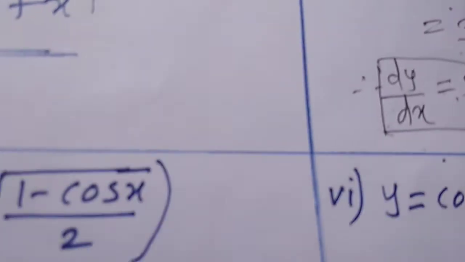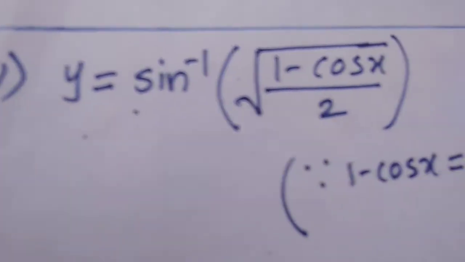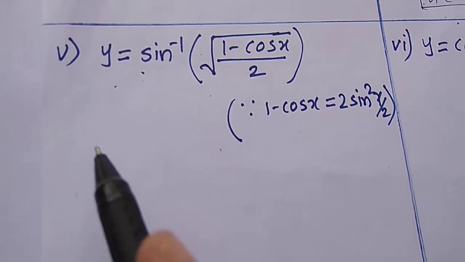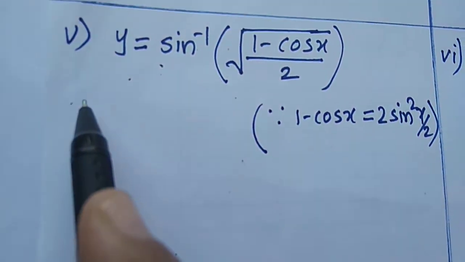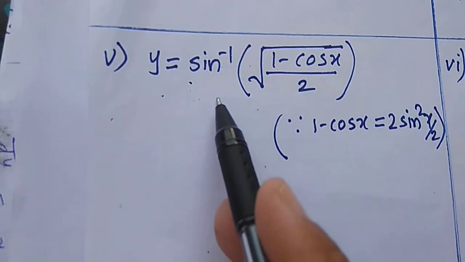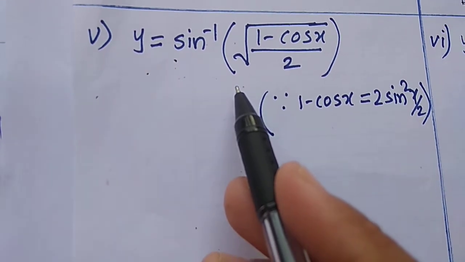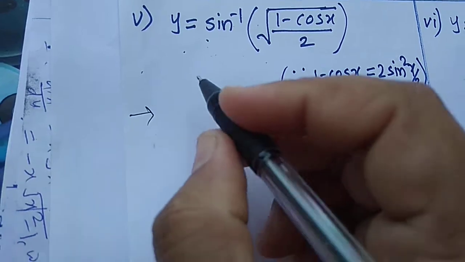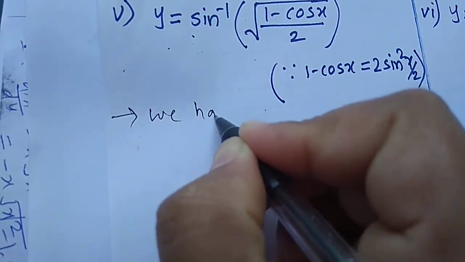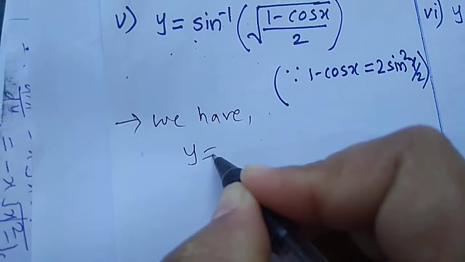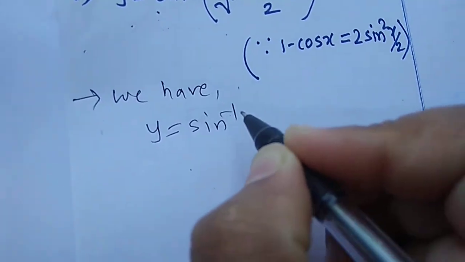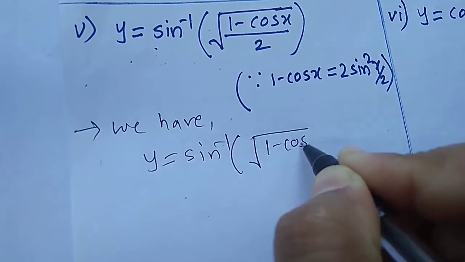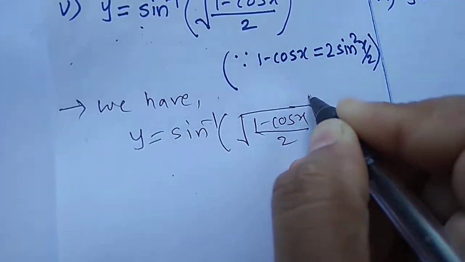So let us see another example. Number 5. y is equal to sine inverse of root of (1 minus cos x) upon 2. So we have y is equal to sine inverse of root of (1 minus cos x) upon 2.